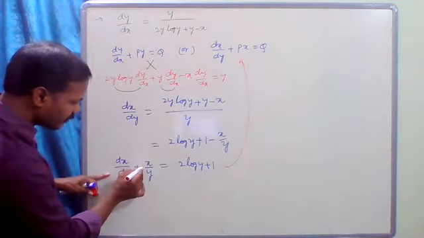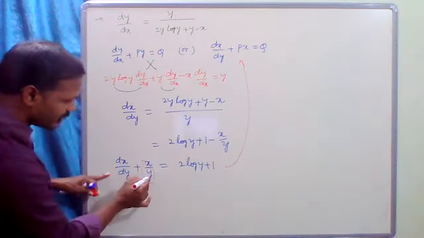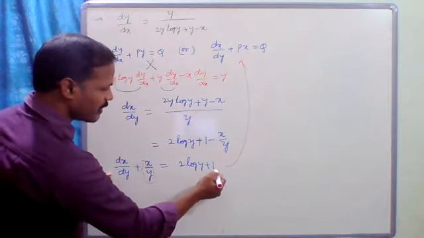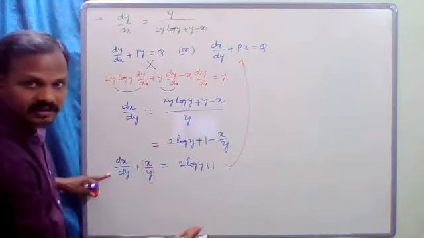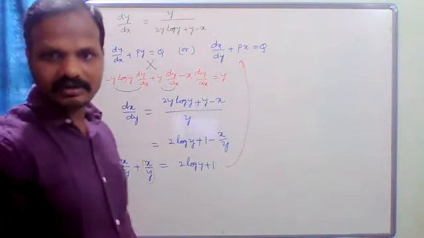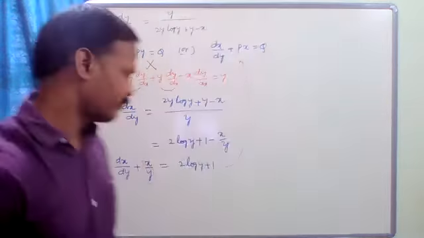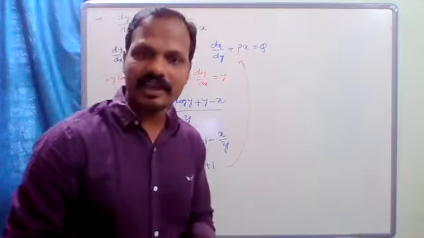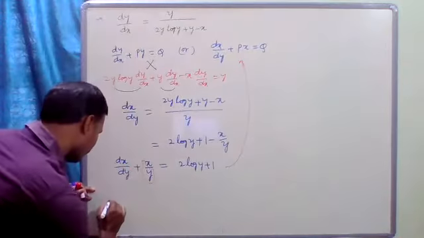What is the P value? The P value is 1 by y. What is Q? Q is 2 log y plus 1, a function of y. Now what we have to do? You have to find the IF, the integrating factor.